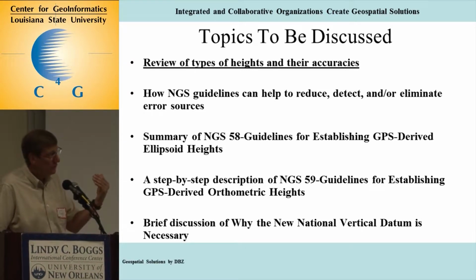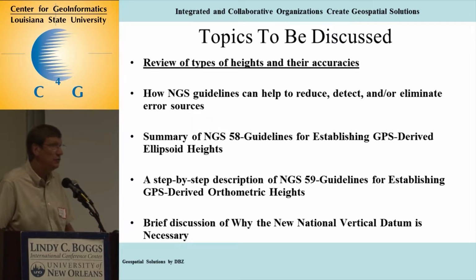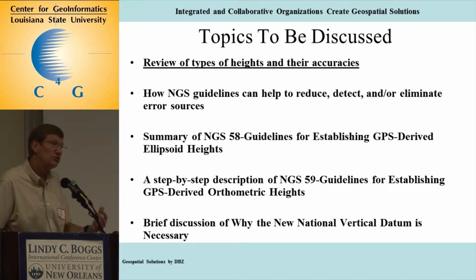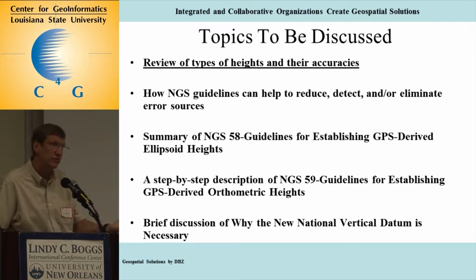GPS is really eliminating the need to do large network leveling projects. Most people aren't doing long level lines for control anymore. They're using GPS and the geoid model. And in 2022, I believe that probably will be totally replaced.